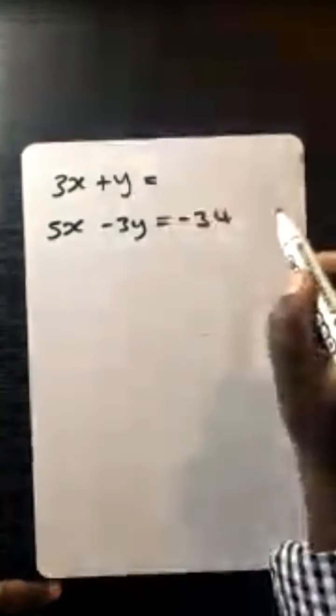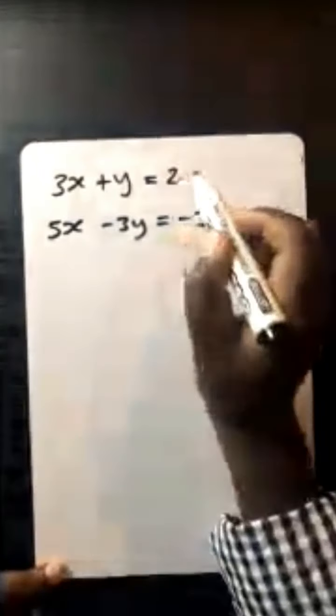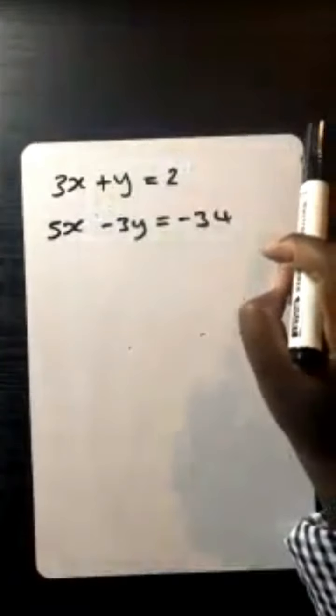So this one at the top is equals to what? 2. Oh, okay. All right. So the problem says solve for x and y simultaneously, isn't it? Yes.